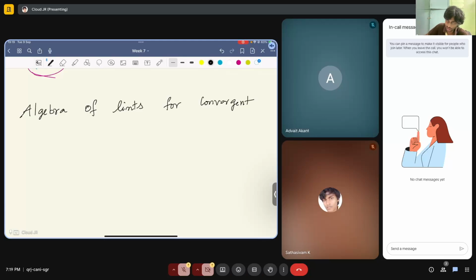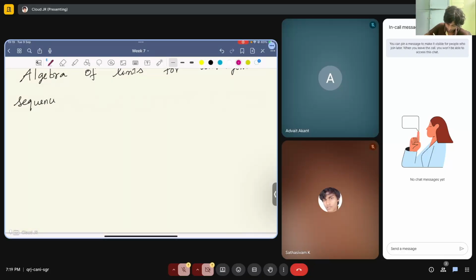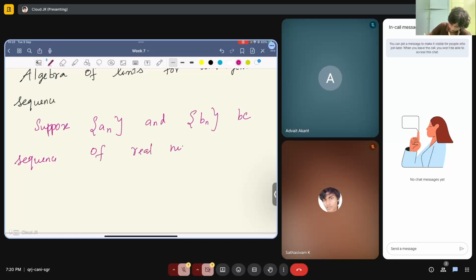So we'll look at the algebra of convergent sequences here. So suppose you have these two sequences. You have the sequence a_n, and you have the sequence, let's say, b_n, of real numbers.